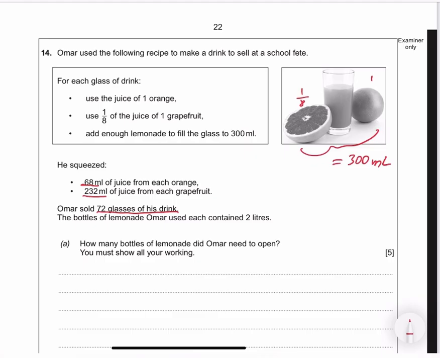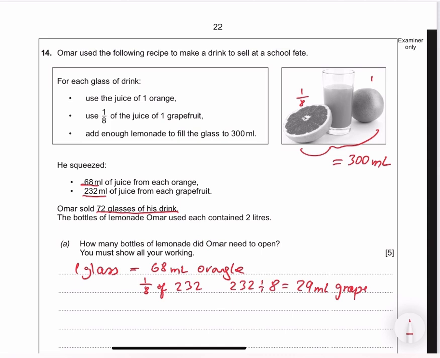Okay, so I think the first thing we're gonna work out is 1/8 of the grapefruit amount. 1 grapefruit, so 1/8 of 232 ml of juice. So we just divide by 8. That's what 1/8 means. That gives you 29 ml of grapefruit per 1 glass.